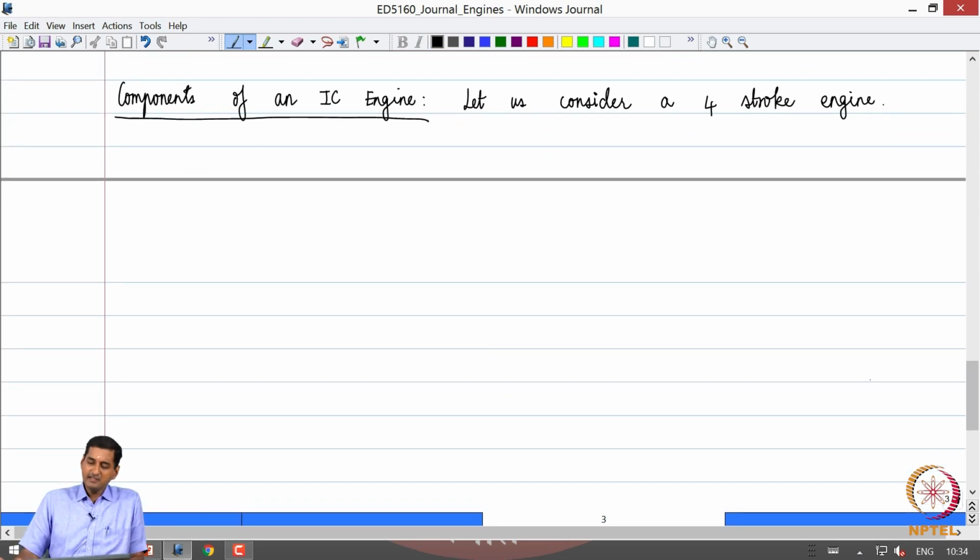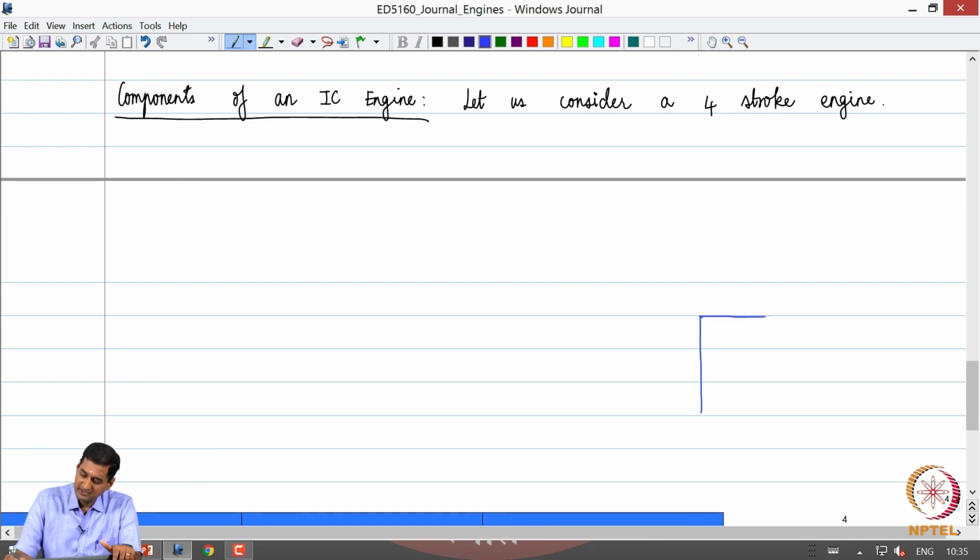So broadly, if you look at a 4-stroke engine, you can picturize the internal combustion engine as a set of 3 blocks of components. So let me just draw a very simple block diagram and then we will look at the actual components as they are realized in an engine.